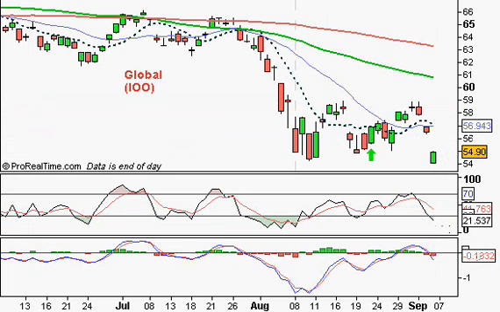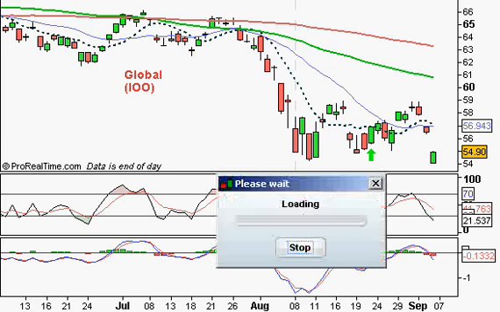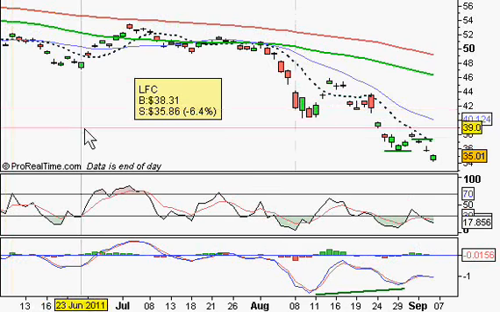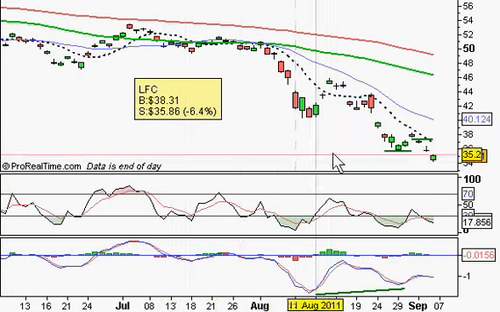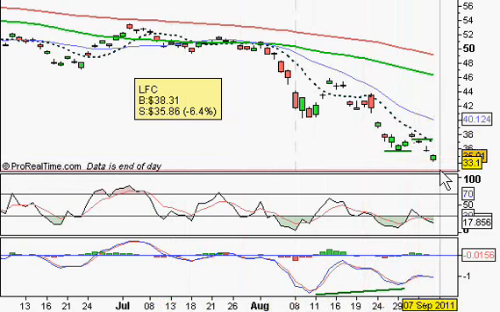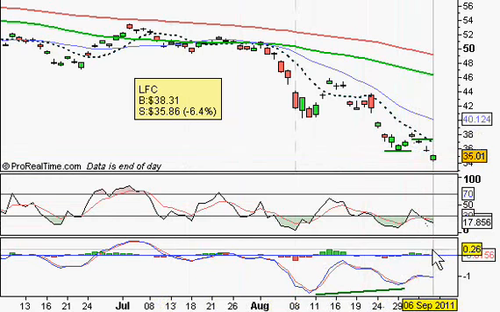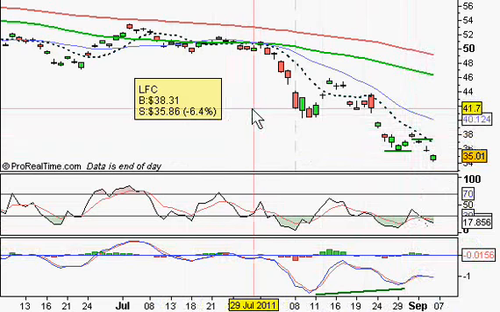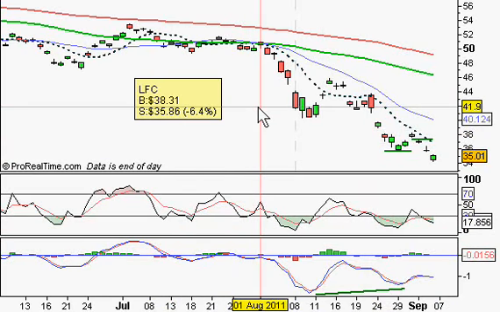Now let's go ahead and look at our actions here. First of all, I'd like to go over LFC. On this one here, we recommended coming in and just pulling back, and it's down here. Momentum was in the green, it's now lower. We're going to go ahead and remove this from our potential buy.